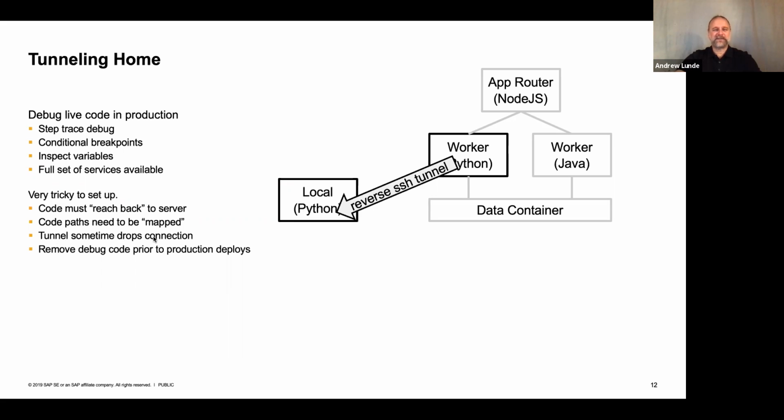The tunnel sometimes can drop, so you have to be aware of that and reconnect it as you have opportunity if you see it fall. So you kind of got to keep an eye on that. And then you really want to remove that code that makes this reverse connection back to your local machine prior to doing any real production deploys. This is really only designed for the most in-depth debugging sort of scenarios.